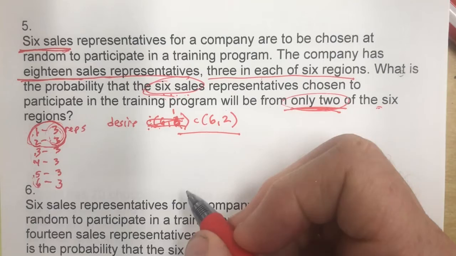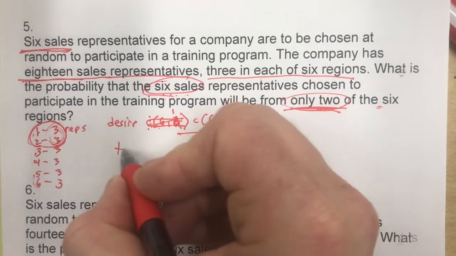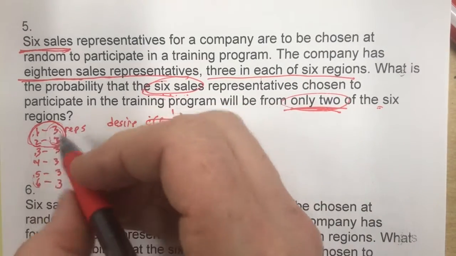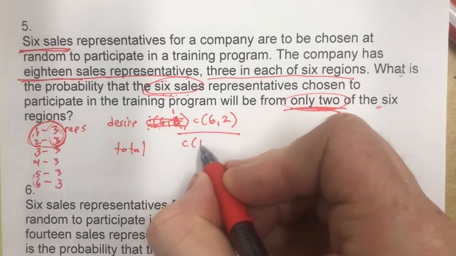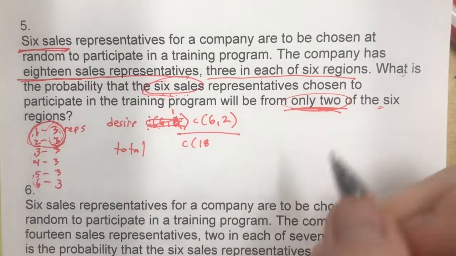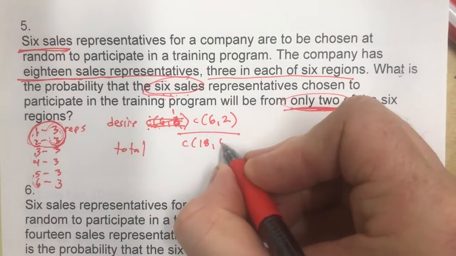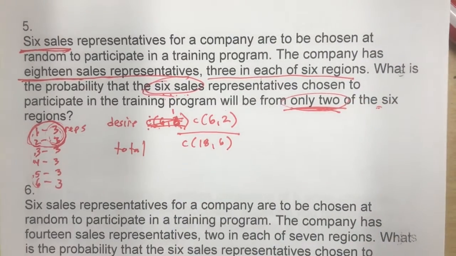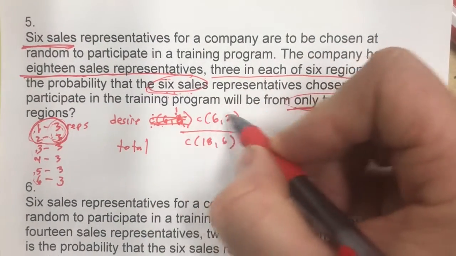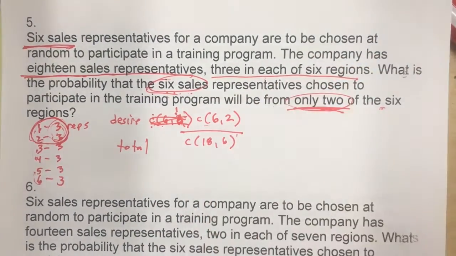Now on the bottom, we got total. And total, there's 18 total representatives, and we're selecting 6. And so that's what my probability would be. So it's going to be 1 times this, or just this, divided by that.